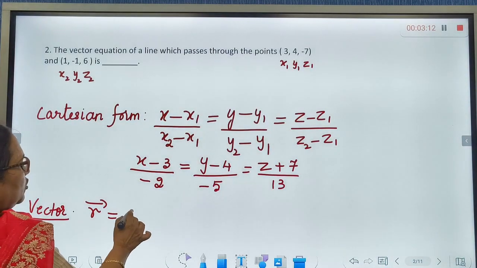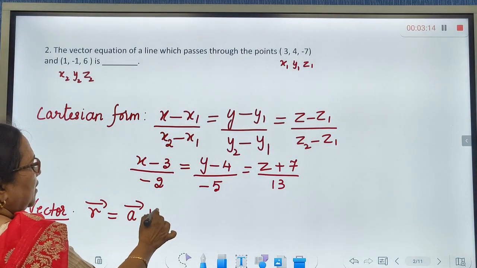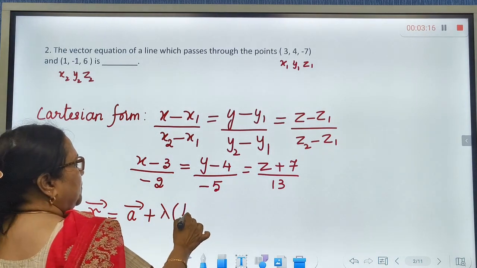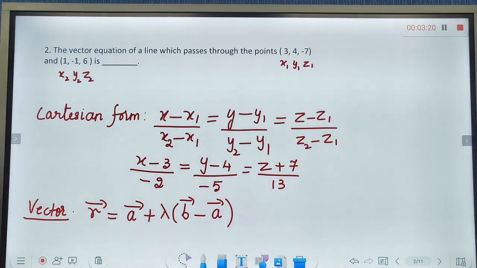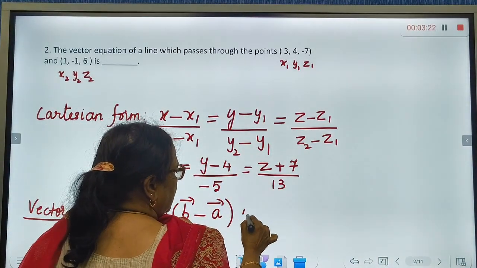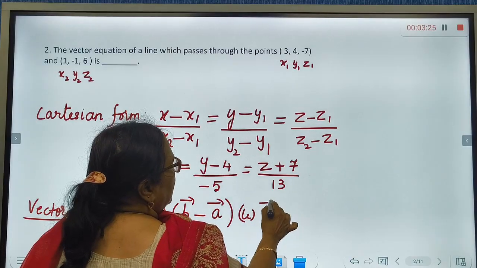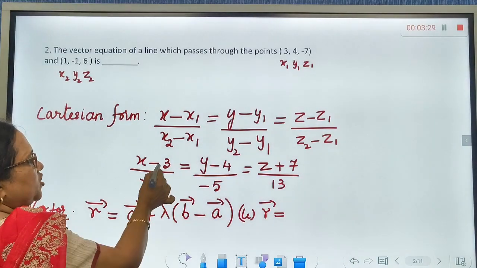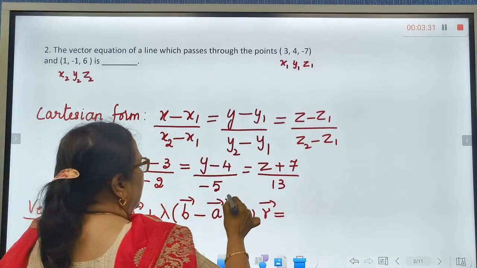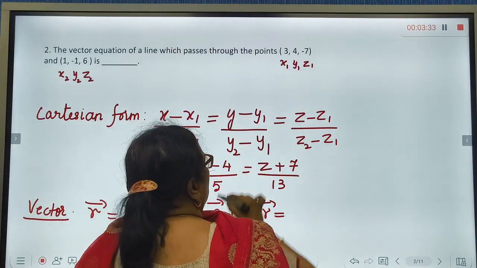R vector equal to A vector plus lambda times B vector minus A vector. That is R vector equal to, what is A vector? Position vector of a point, which is this 3i. So it passes through this point, right?